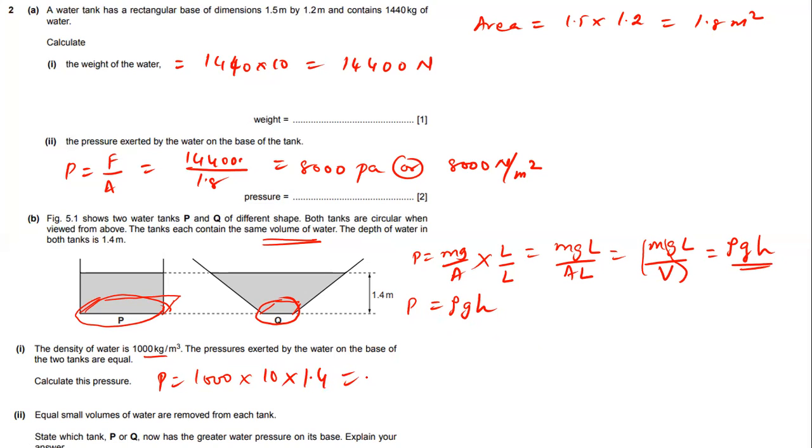What is the answer? 14,000 pascals. Okay, fine. Which means the same pressure is seen at both places, right? Always remember, when you are inside water, the pressure only depends upon the depth from the surface. It does not depend upon what mass of water is above you. Is this clear?